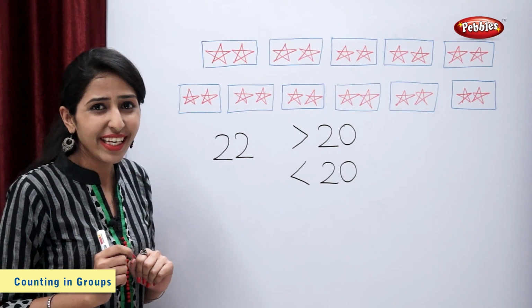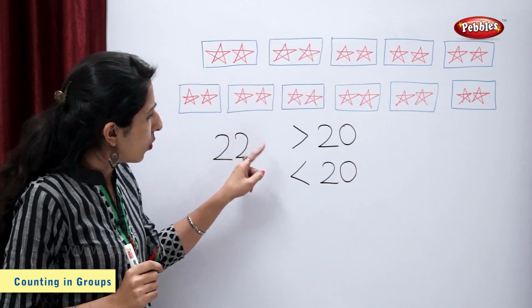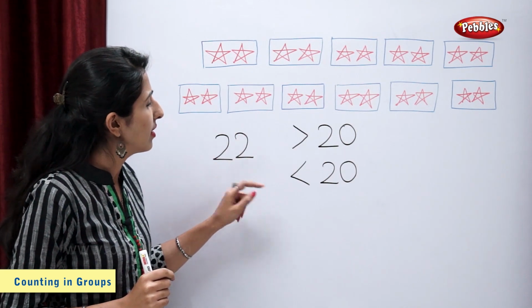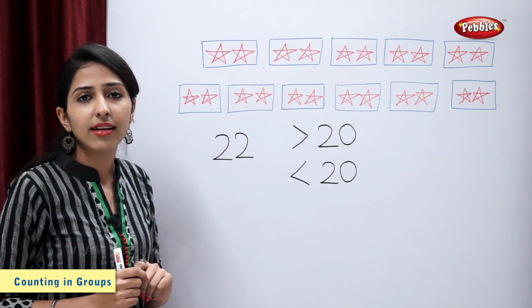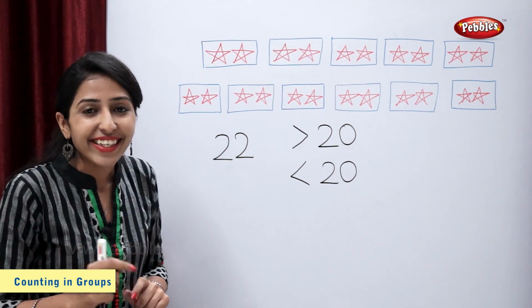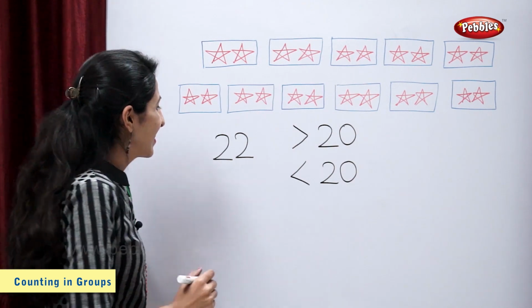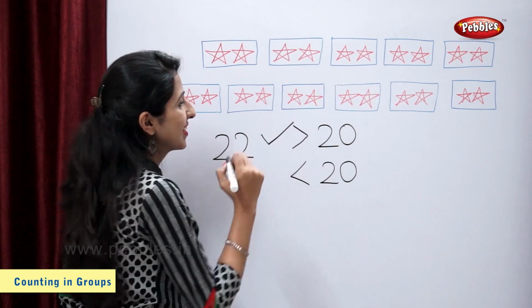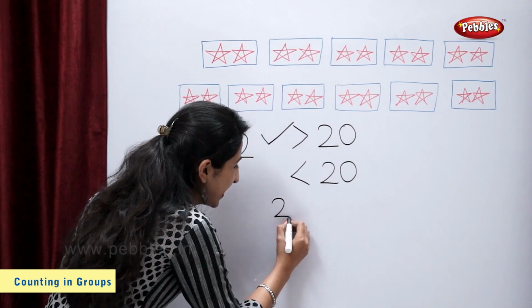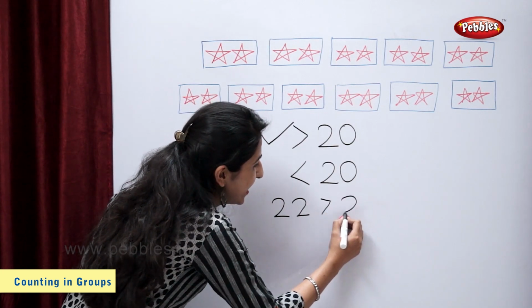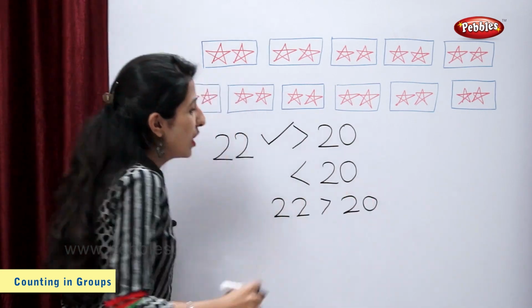Think and tell me. More than 20 or less than 20? Correct. 22 is more than 20.